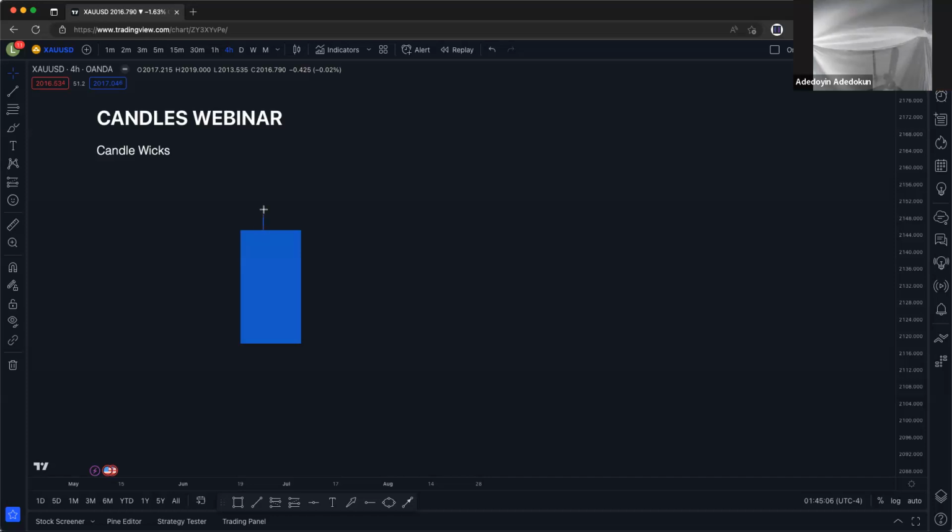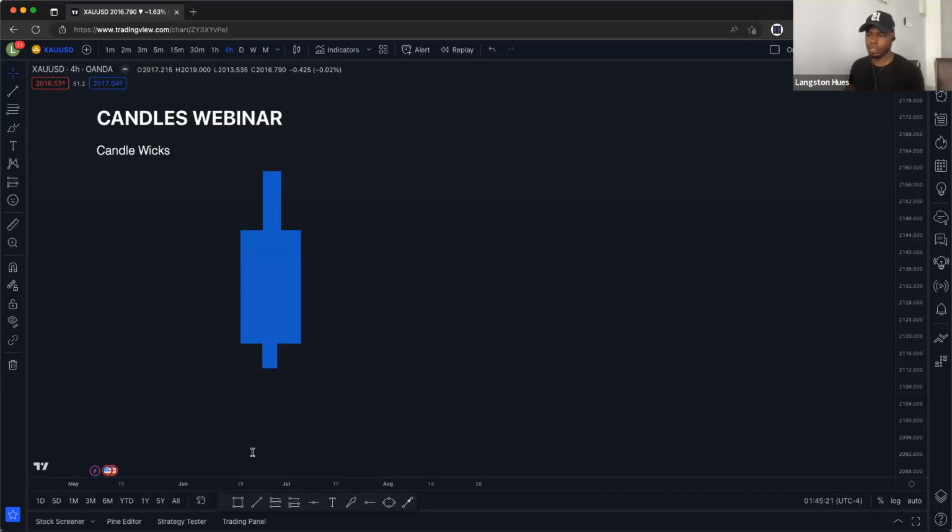It created a top wick and created a small bottom wick, but nonetheless, there's a bottom wick, right? This is a 4-hour candle, as we mentioned.